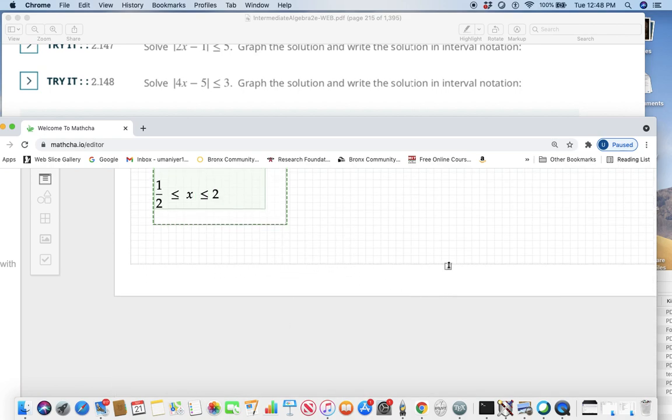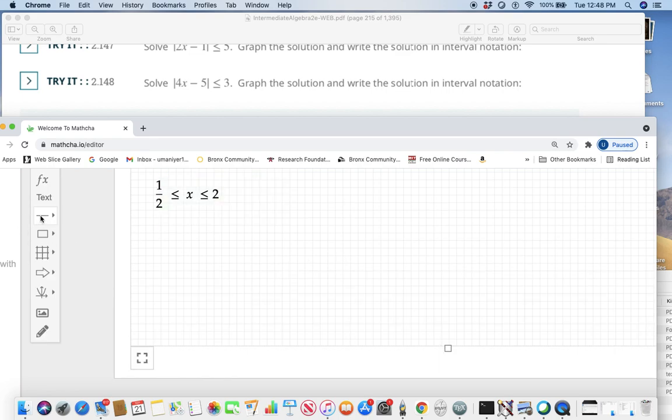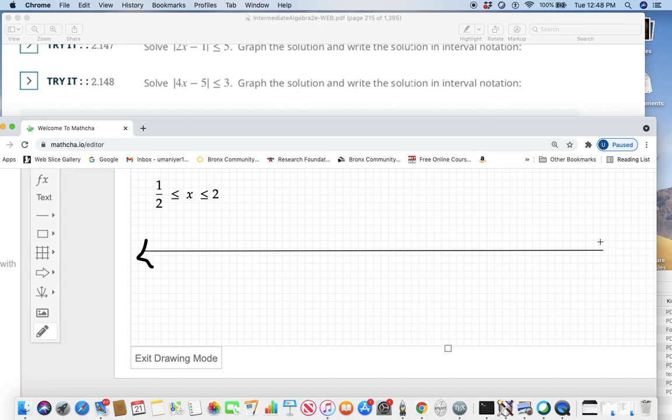This brings us to the graphing part. You have your number line. Write down half, which is somewhere here, and 2 is to the right of it, somewhere here. Are we allowed to be equal? Yes. So this is a closed point. Closed point is filled in point. Are we allowed to be equal to? Yes.